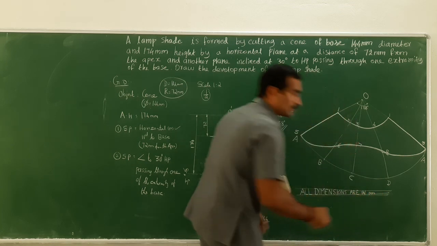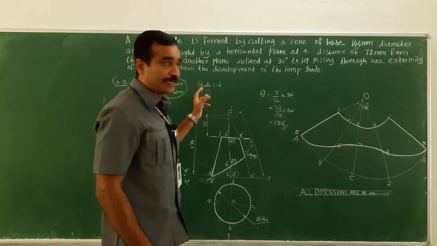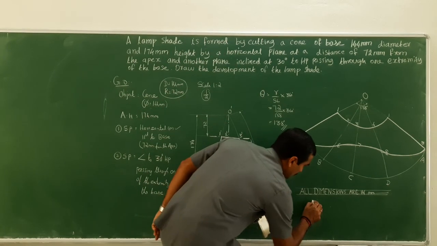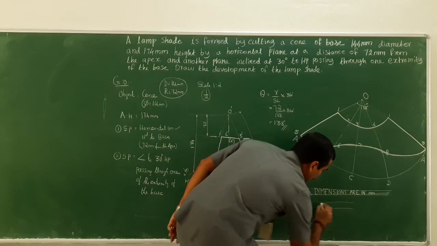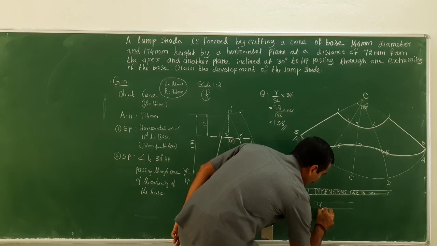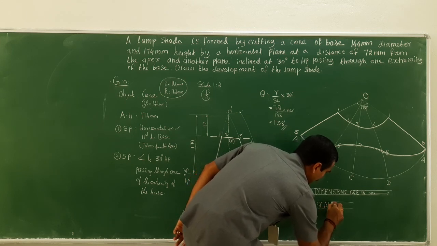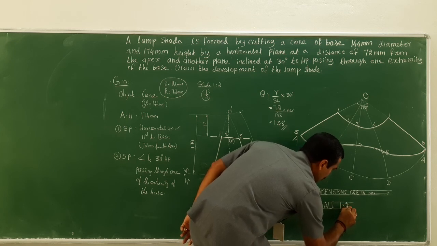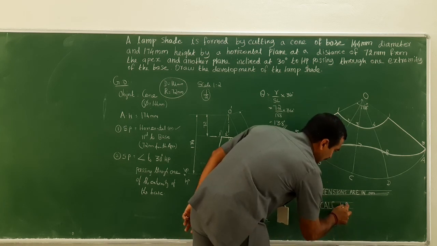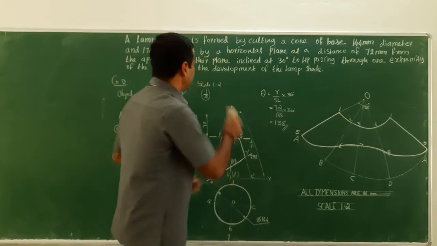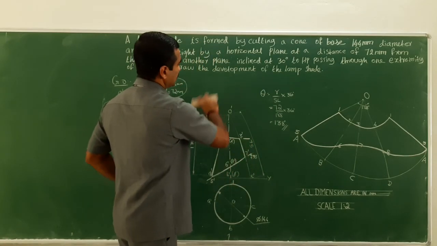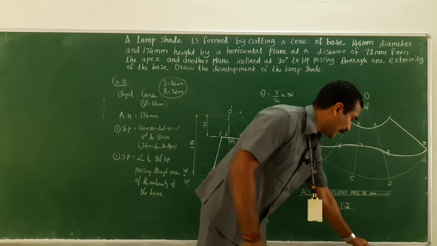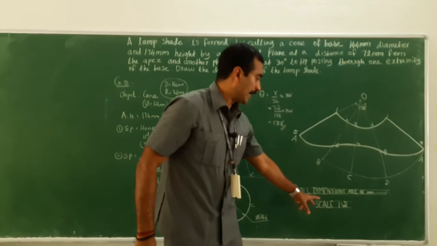As far as this problem is concerned, I have considered a reduced scale, so that also needs to be mentioned. Scale: it is a reduced scale of 1:2. If you mention it over here, you need not write anything here, so just erase this. That needs to be captured within the guideline.